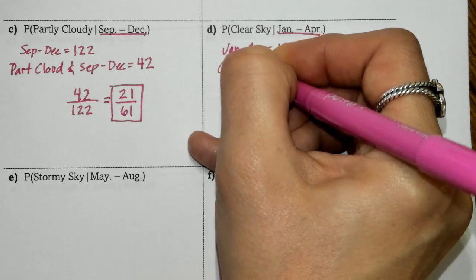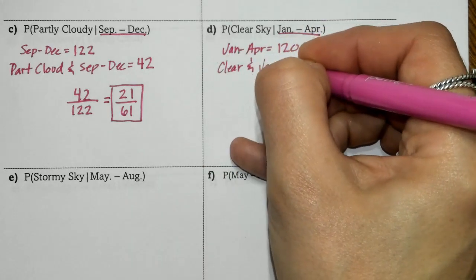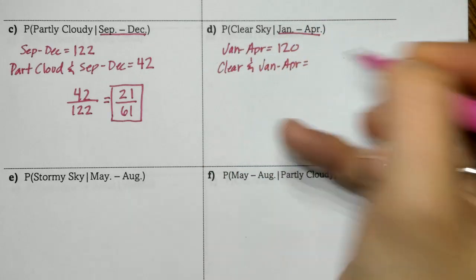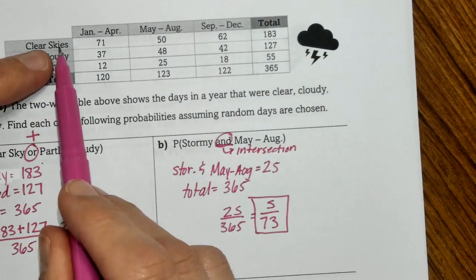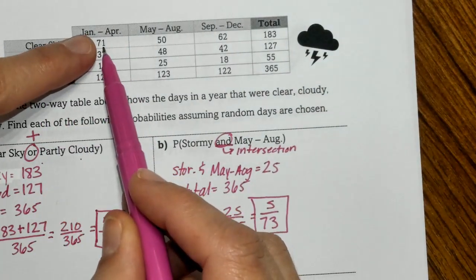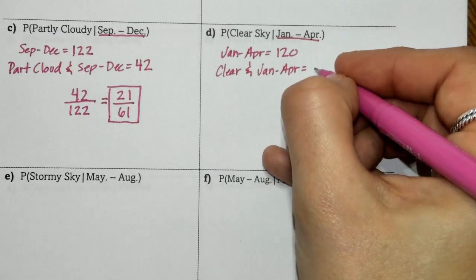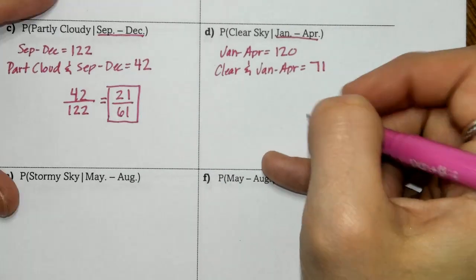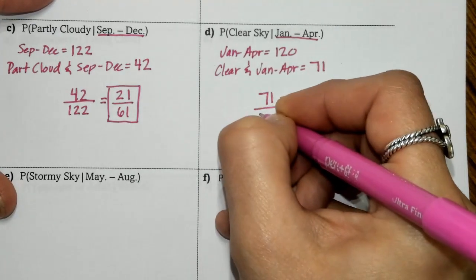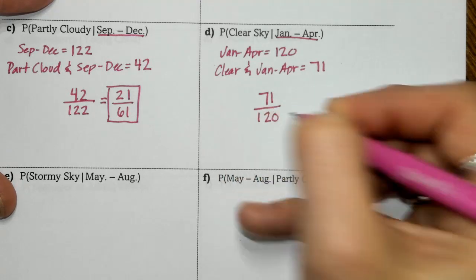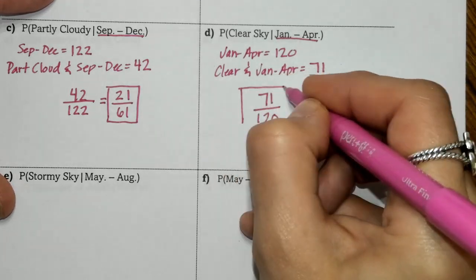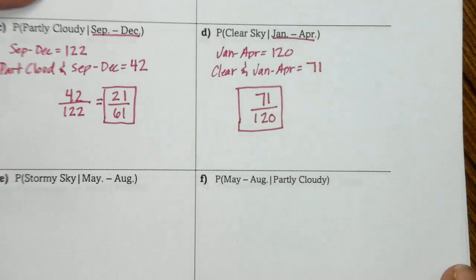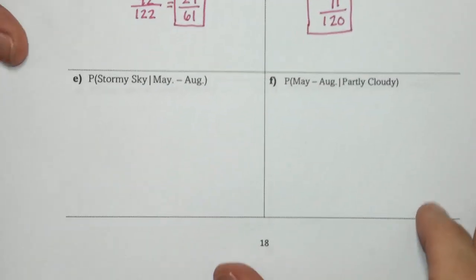Clear and, there's that intersection, January through April. They intersect at 71. So we have 71 over 120, and this is simplified already. There are a few that will already be simplified here.